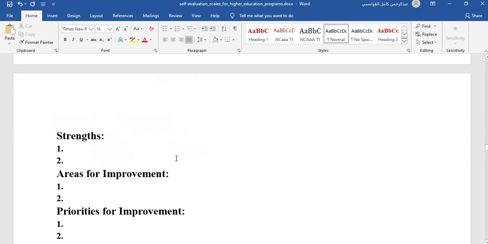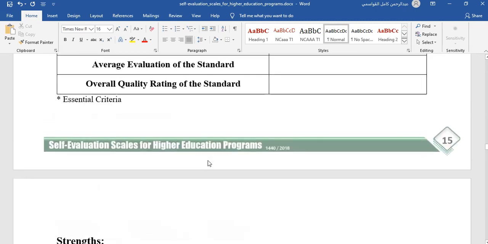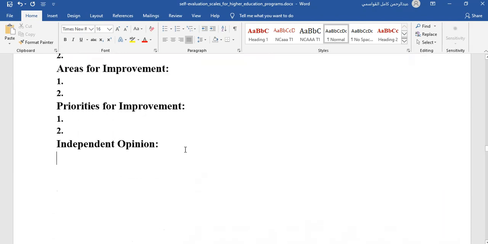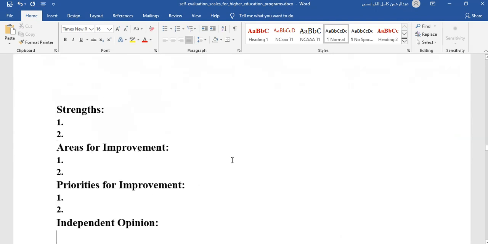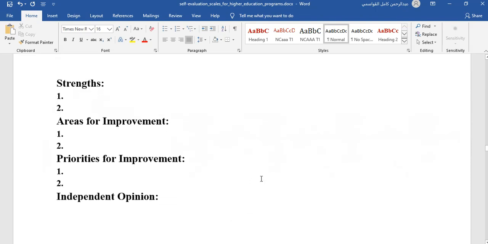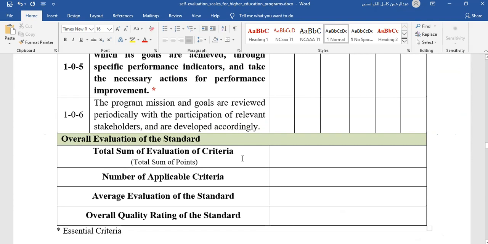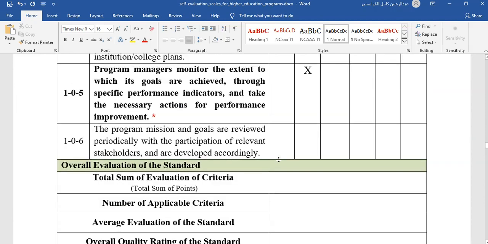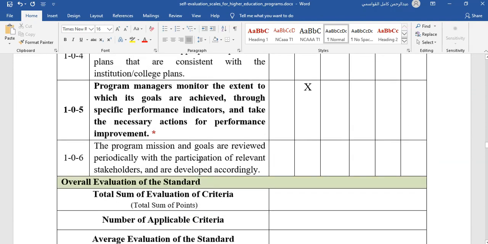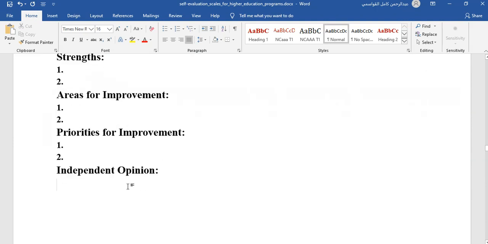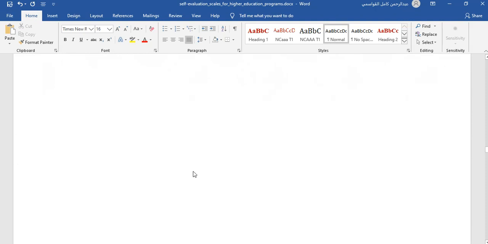He will see whether your justification and self-evaluation fit with the evidence. Maybe you give yourself a low level in some criteria and should increase your level, or maybe you give yourself high levels. So the independent opinion will work to make a balance for your self-evaluation scale.